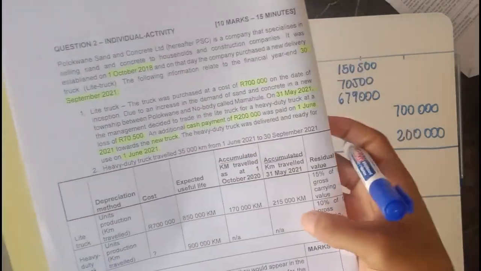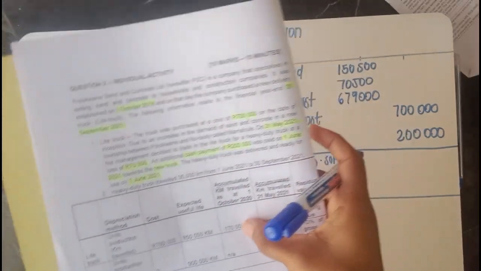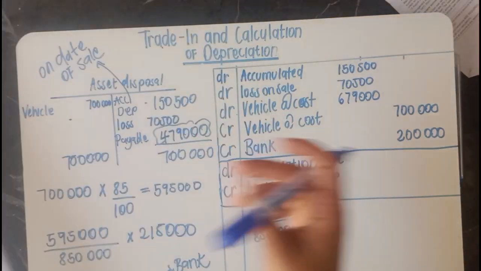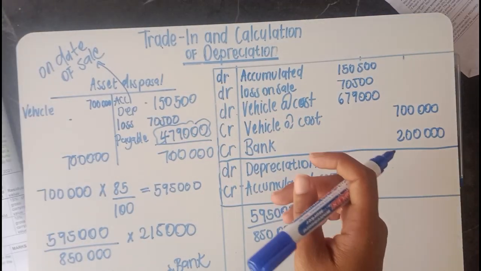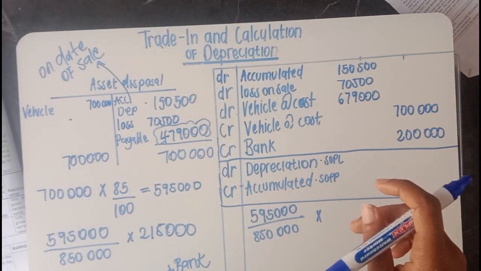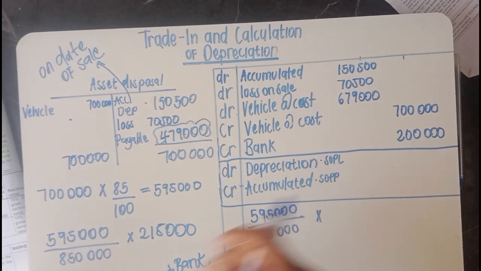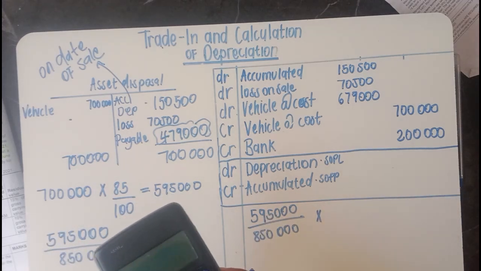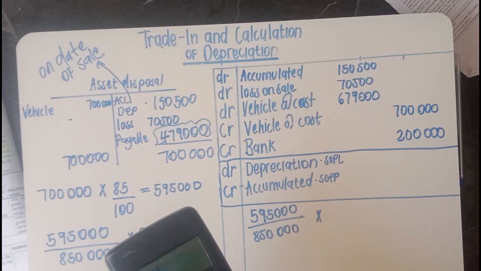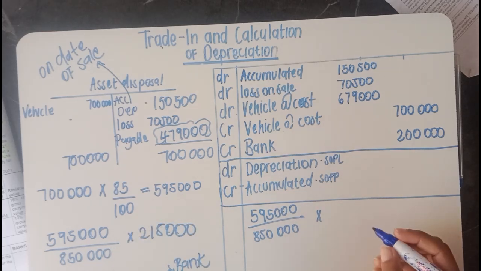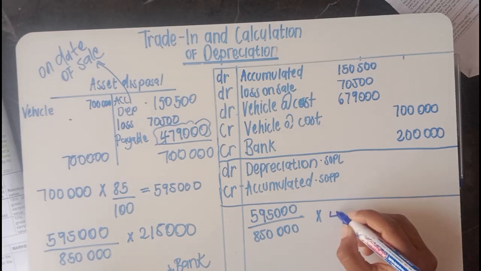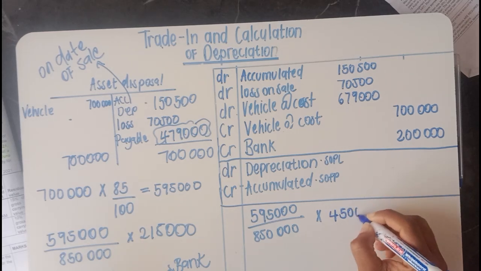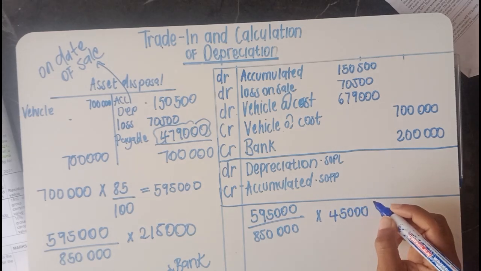So you're going to say 215,000 minus 170,000, and you're going to get 45,000. Is it?